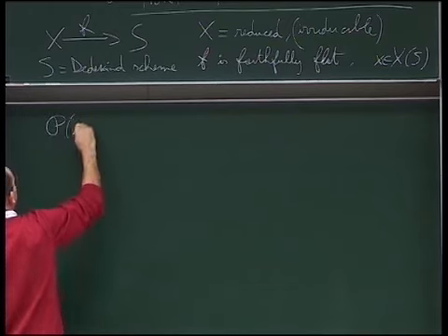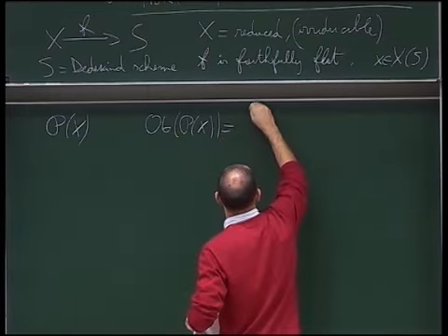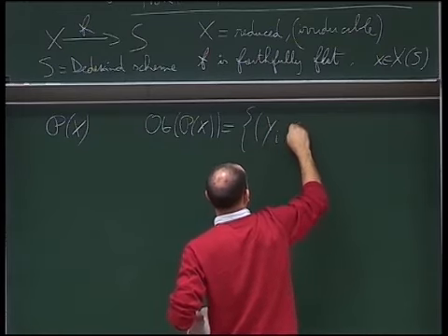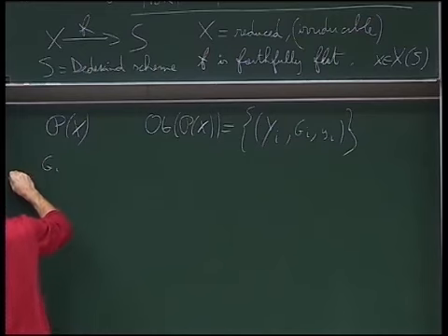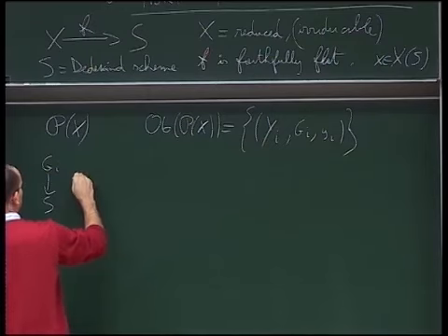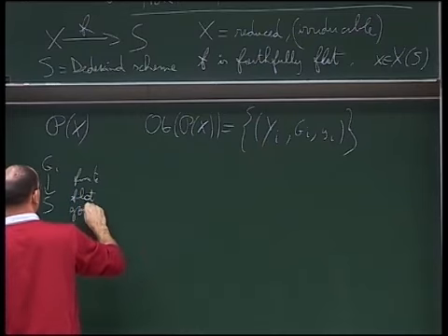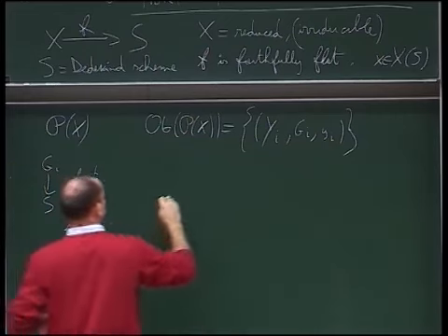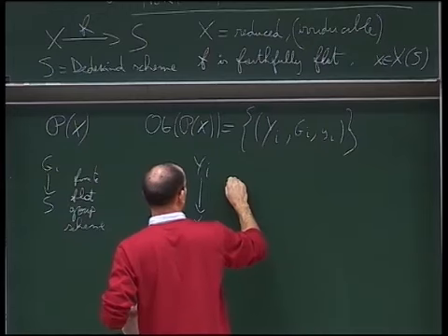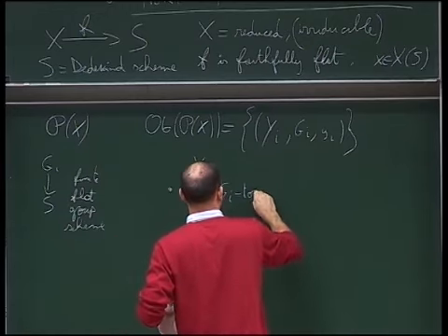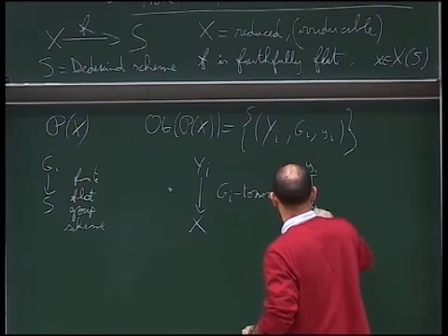So take the category Px where the objects are triples (Gi, Yi, yi), where Gi is a finite and flat group scheme, Yi over X is a Gi-torsor, sending yi to small x.